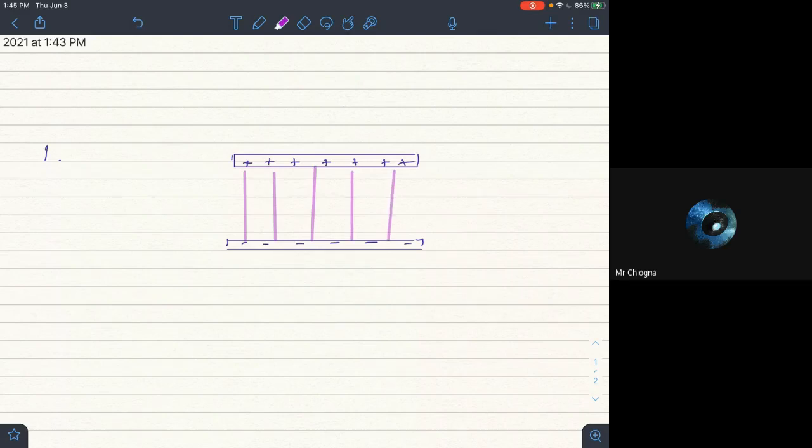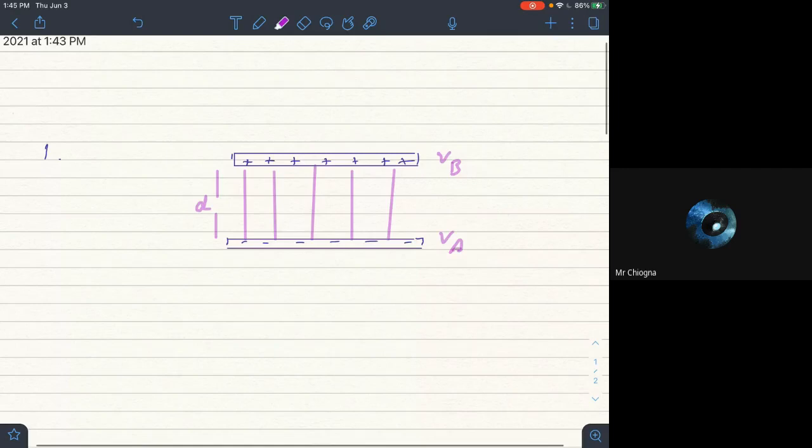Okay, draw, don't tell me, but draw it in the direction of the field lines. Come up with an equation that relates the distance between the plates and the electric potentials to the electric field.